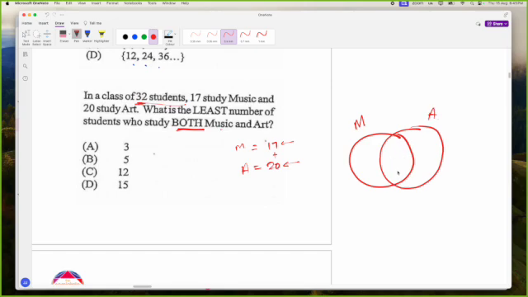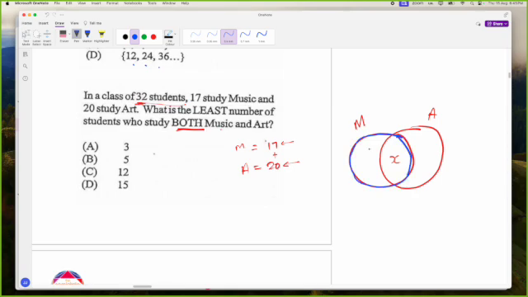And there are these ones in the middle who do music and art. The ones in the middle who do music and art, we call them X, right? Then you have the music people.